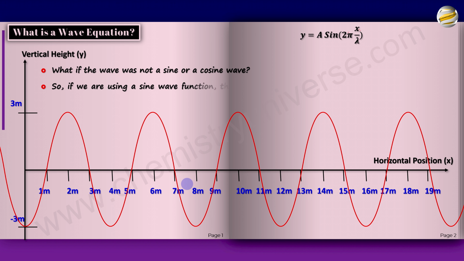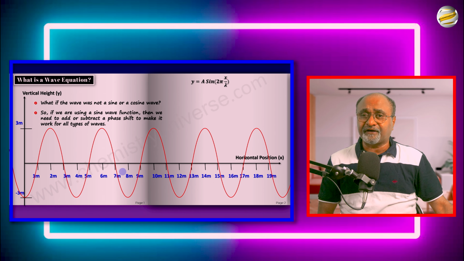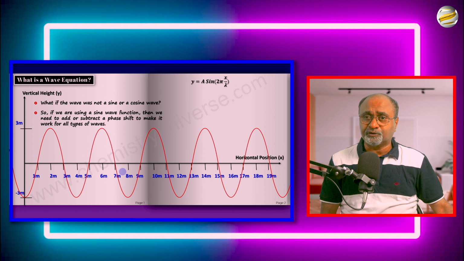So, if we are using a sine wave function to get this particular value of the wave, then we need to add or subtract a phase shift to make it work for all types of waves. It doesn't matter which wave you have, as long as the wave is given to you, you can find out what the phase shift is, and you can add or subtract it in the angle part of the sine equation.